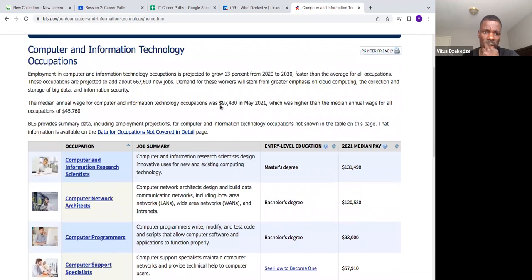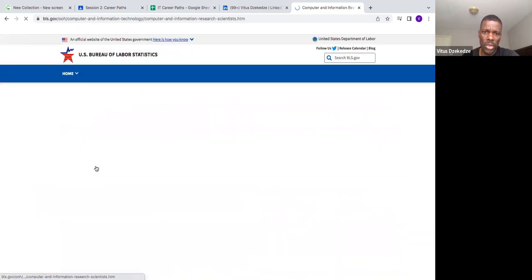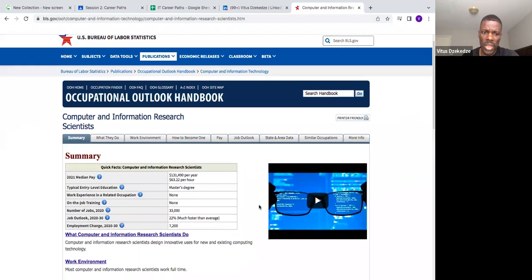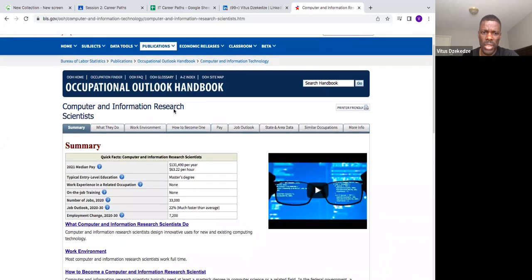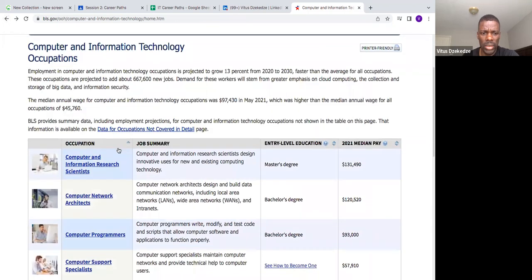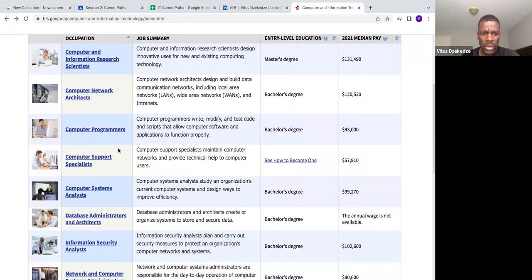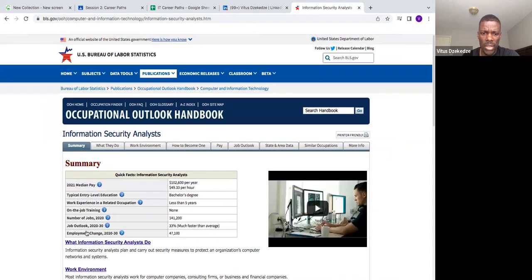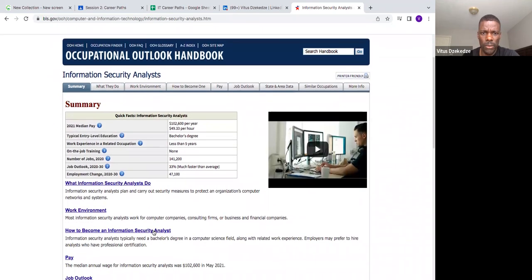If we click on any one of them, it's going to give us more details, and it also gives us a short video. For instance, the first one I clicked on was research scientist. Maybe I want to go back and click on information security analyst. Those are the guys that do cybersecurity. It gives us more in-depth information.